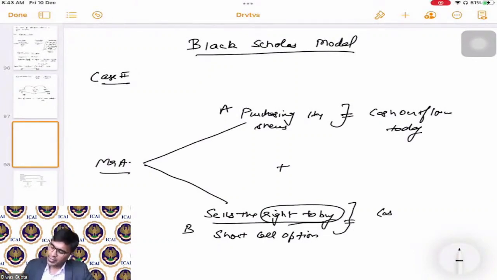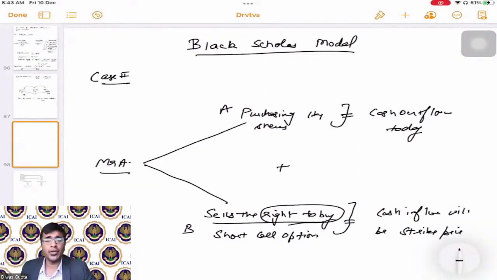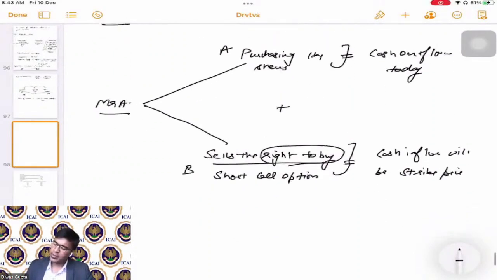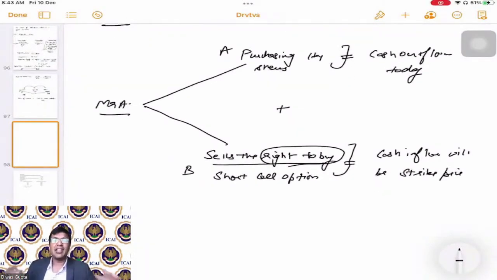So the cash inflow will be strike price, correct? The actual cash inflow will be strike price. In all these cases, we are assuming settlement on gross basis, that the shares will be given and price will be taken. Very simply, very easily, the Black-Scholes model is saying for Mr. A, if he's purchasing the shares, cash outflow today is the purchase price.